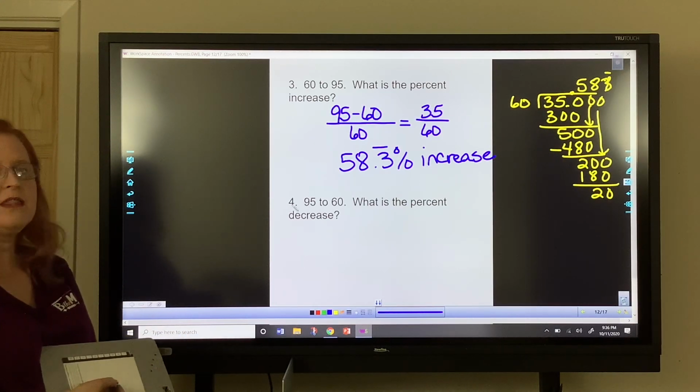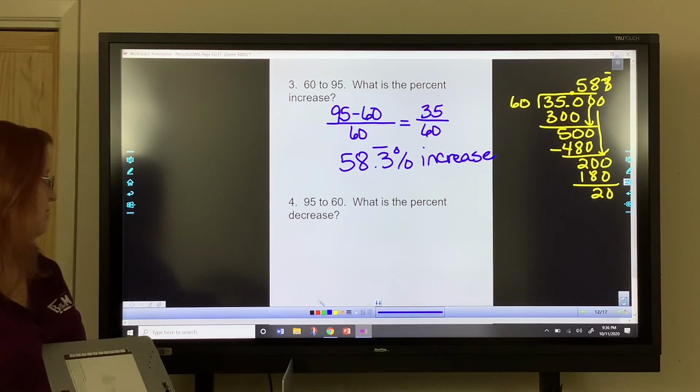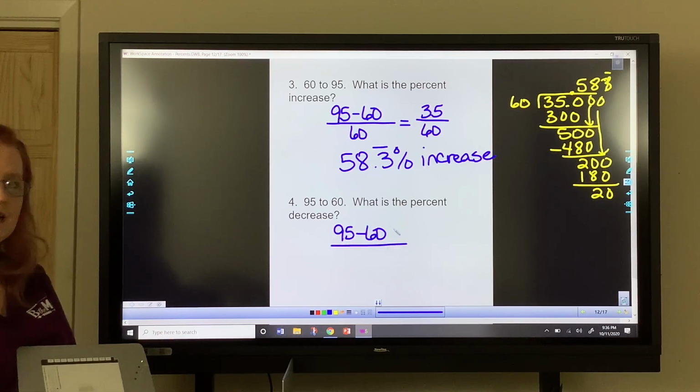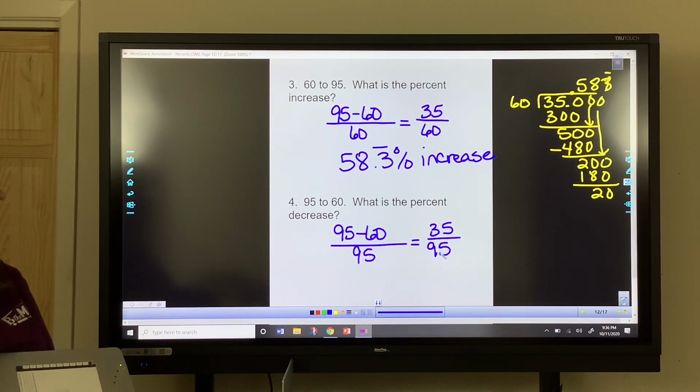All right, now the only difference here is instead of going up, we're actually going down. So let's see what our percent decrease is. 95 to 60. So we do the same thing. 95 minus 60 divided by. This time though, we have to change what we're dividing by. Instead of 60, we're dividing by 95. So we still get 35, and we're dividing by 95.